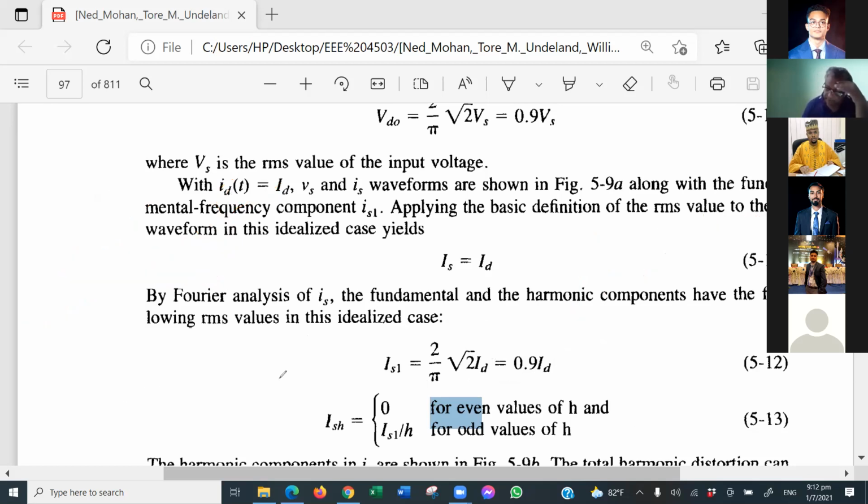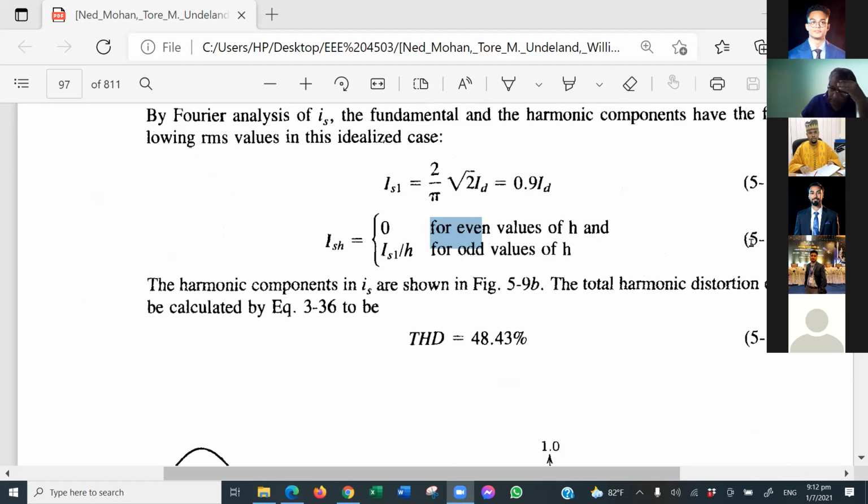Now, total harmonic distortion. We want to find out the total harmonic distortion. What is the formula? Square root of Is squared minus Is1 squared, divided by Is1. If I put it inside the root, it will be also this one, right?